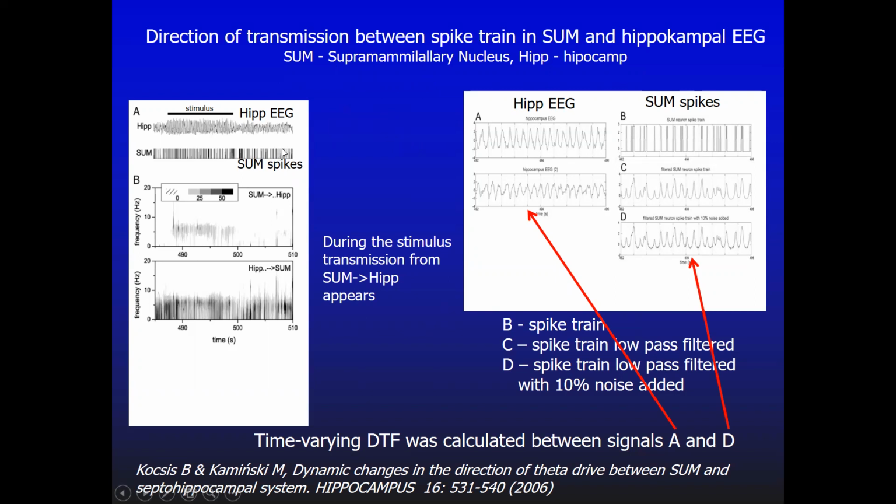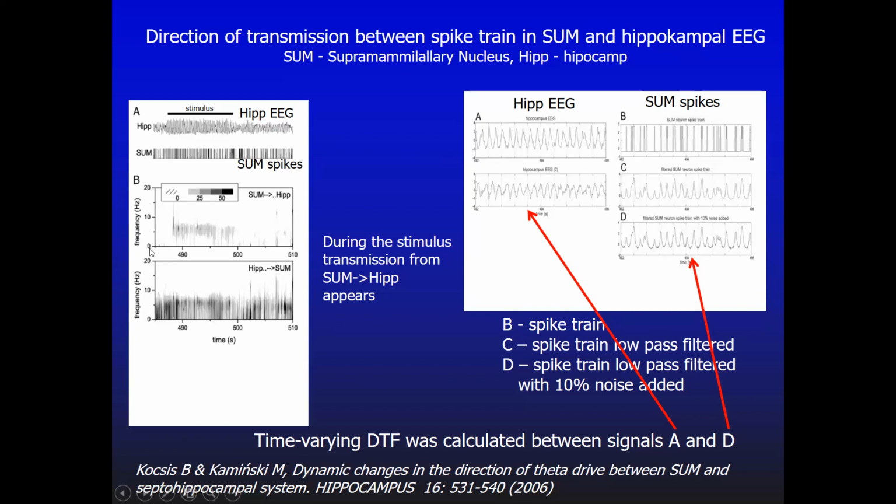registered. And if we want to look at the interaction of these two phenomena, we have to do something with the spikes. So they were low-pass filtered, and then some noise was added. And then the DTF was calculated.